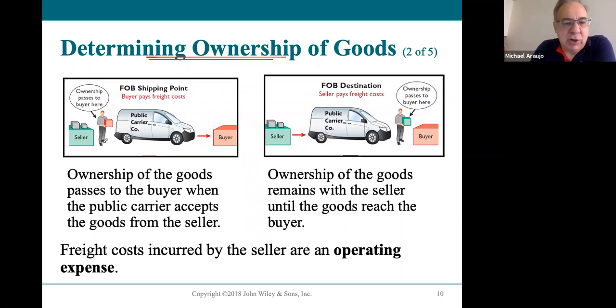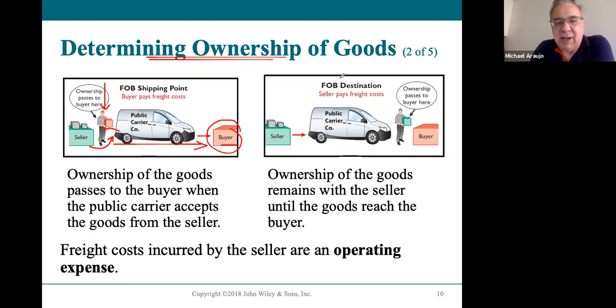As you know, FOB shipping, the transfer of ownership happens when the seller boxes it up and provides it to the freight company to transfer to the buyer. At this point is when the ownership passes. Okay, so even though the buyer has not yet even gotten delivery of the goods at shipping point, they own the goods from this point on. So it's part of their inventory here.